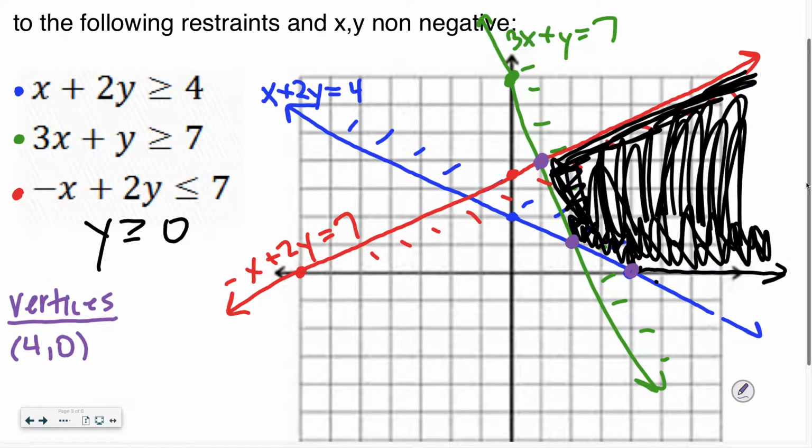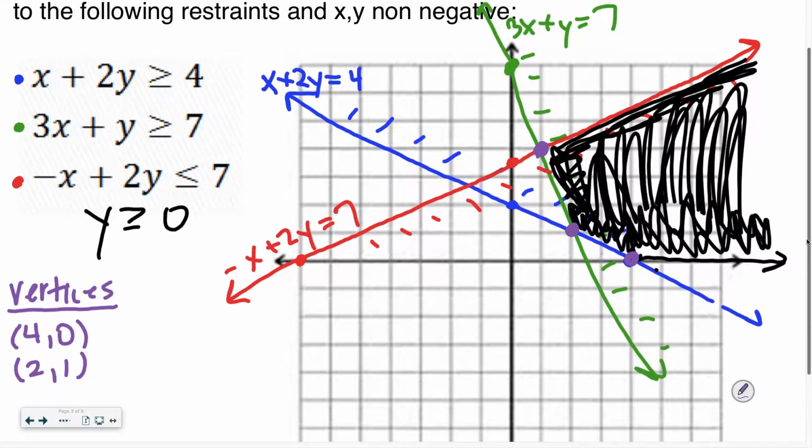So this is the intersection of green and blue. If I plug 2, 1 in for green, it's 3 times 2 plus 1 equal to 7. Is 2 plus 2 times 1 equal to 4? Okay, then 2, 1 is legitimately our intersection. Okay.